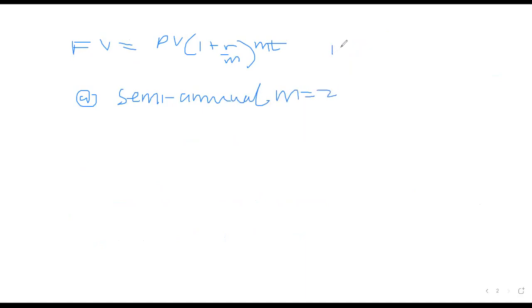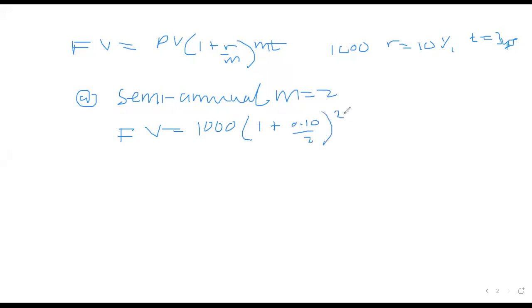Remember, the money we started with is 1,000 kwacha, the interest rate is 10%, and the time is 3 years. So we calculate our future value as follows: 1,000 times 1 plus R, our R is 10%. Since it's semi-annual, we're dividing the interest rate by 2, because it's semi-annual compounding.